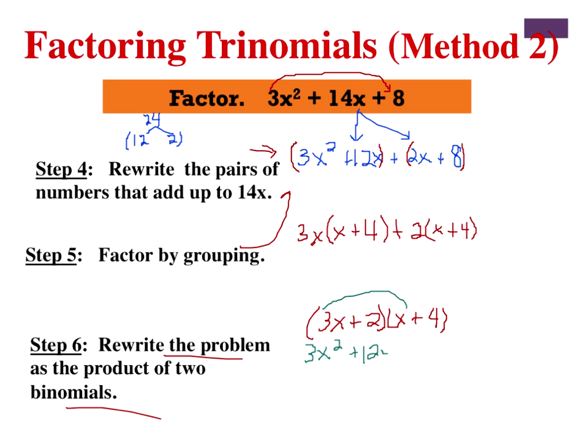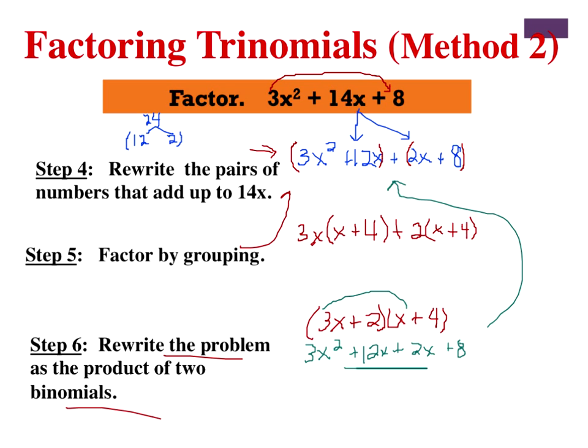And as always, we can check to make sure this works. By distributing, we would have 3x squared plus 12x plus 2x plus 8. And you can see there's our 12x and our 2x that we wrote before.